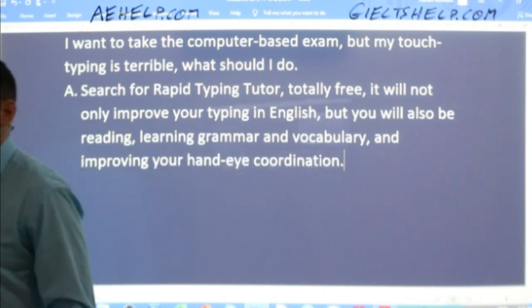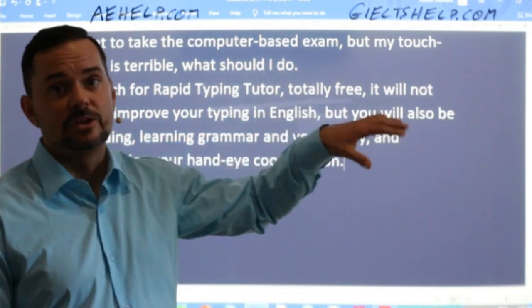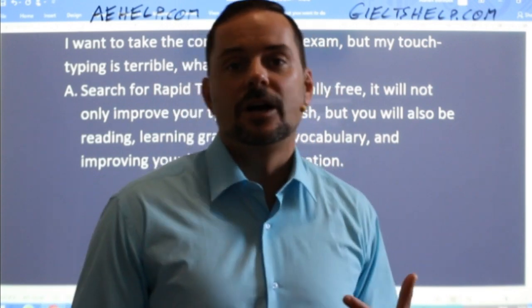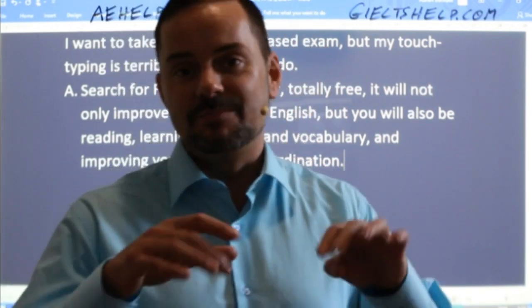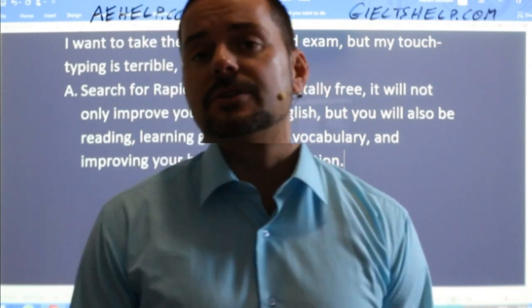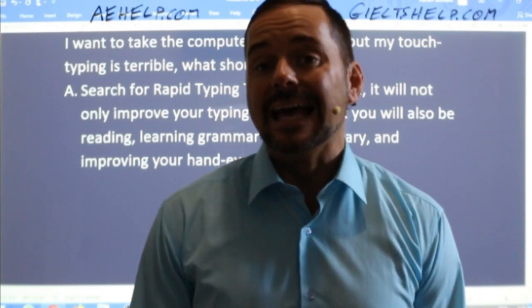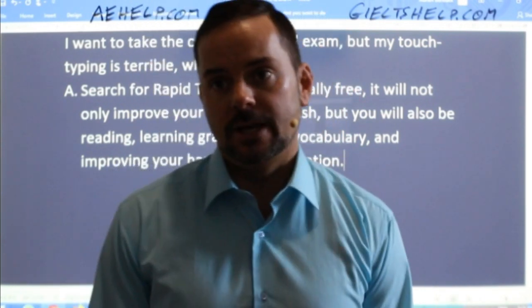So check out that piece of software. That's a brilliant way to improve your English skills because, of course, this software is in English, so you're typing the words in English. You will probably have to set up your keyboard for an English keyboard. I highly recommend doing that anyway.